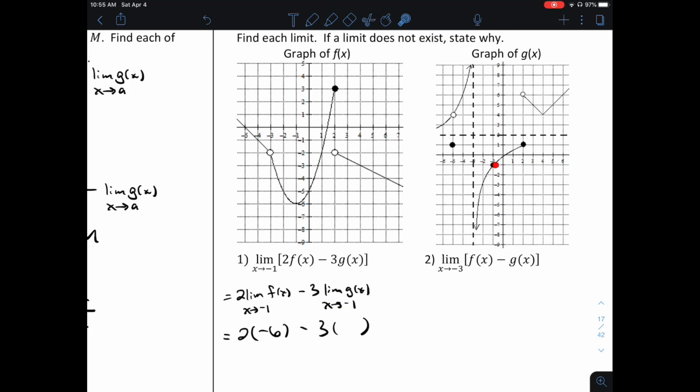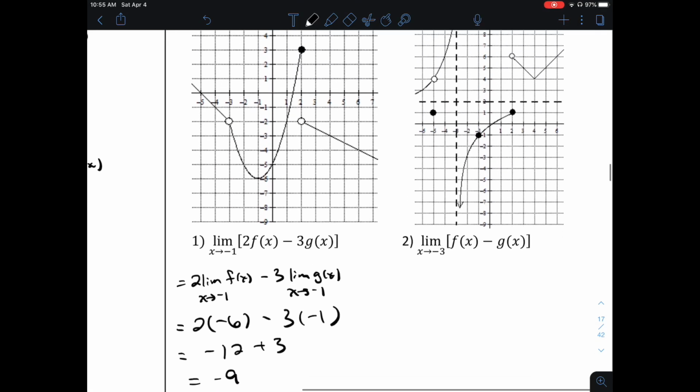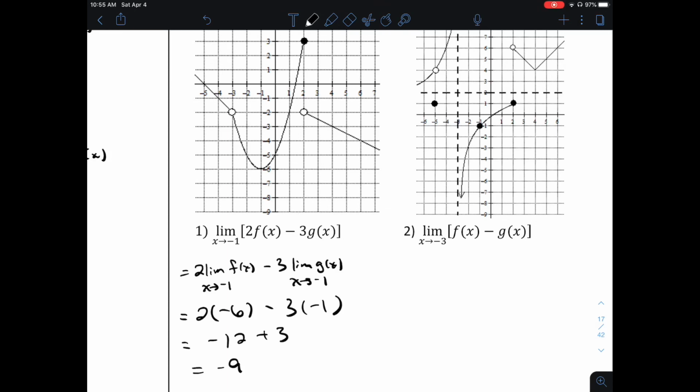What's the limit of g of x as x approaches -1? Well, here's -1. It looks like it's approaching -1 on both sides. Then it's just some algebra. 2 times -6 is -12. Let's subtract 3 times the -1 is a +3. So this is -9.